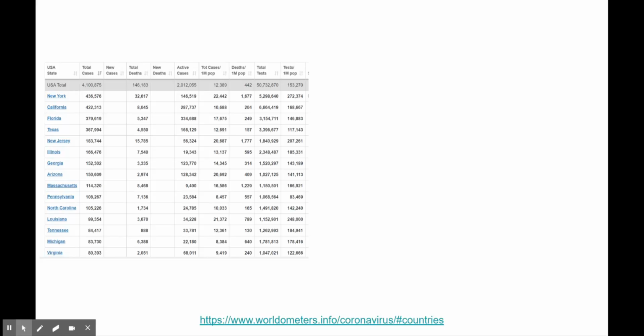This is just the raw number of cases, the number of people who have been classified as a COVID case. And it is, again, misleading because, as we know, these states have very different sized populations.